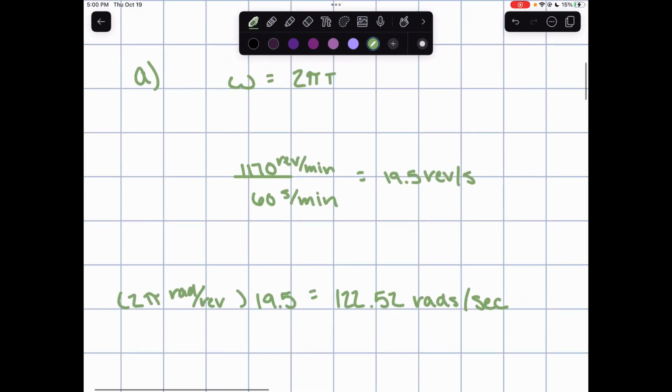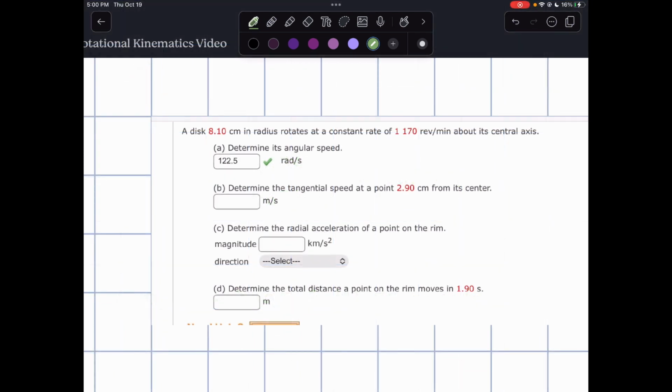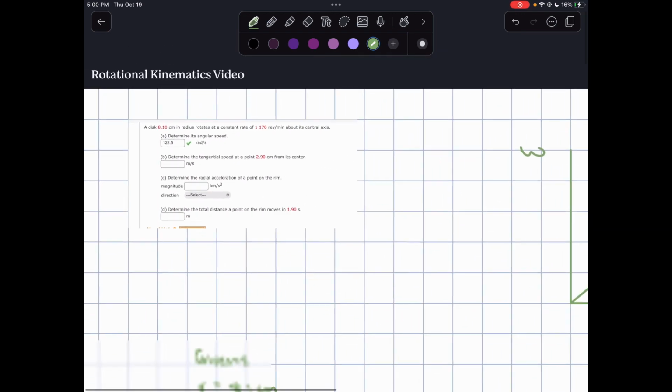Next, now that we have the frequency, we're going to multiply by 2 pi to get that it's rotating at 122.52 radians per second. Next, we're looking to determine the tangential speed at a point 2.9 centimeters from its center.